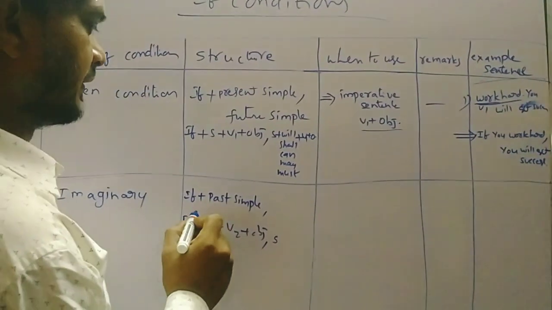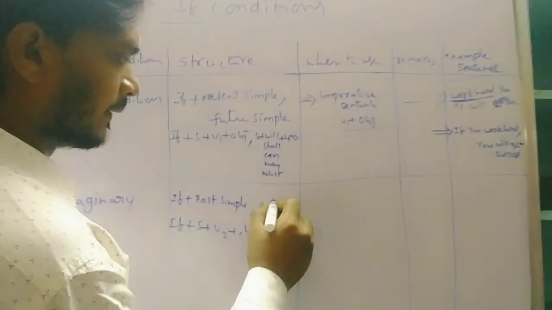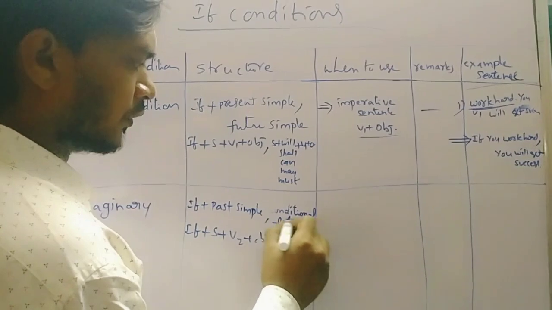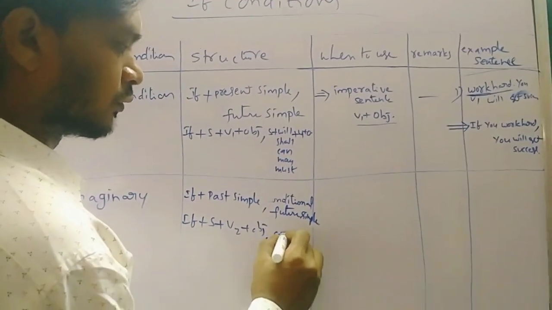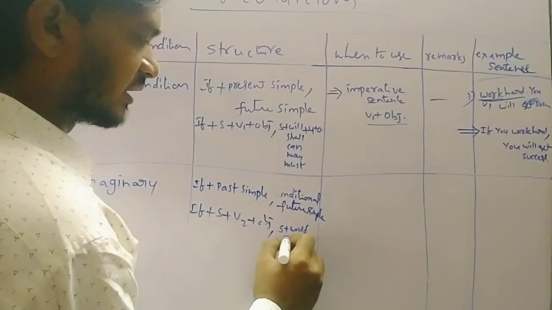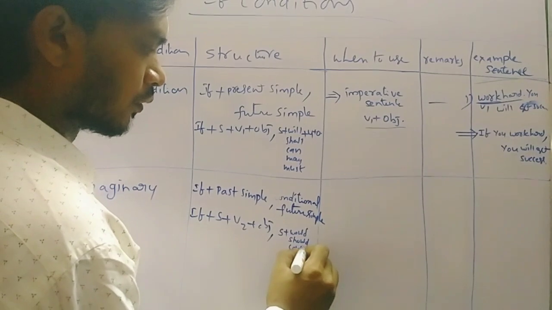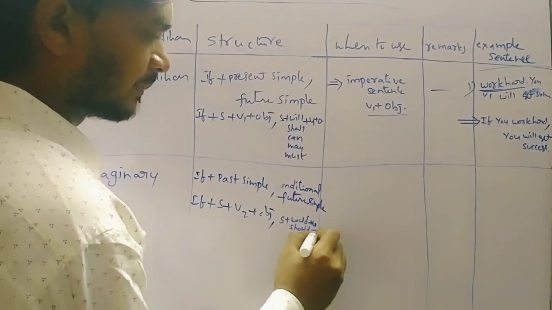Imaginary condition: the if clause is past simple, and the main clause is conditional future simple or past future simple. So the structure is subject plus would, should, could, might plus V1 plus object. See the remark.